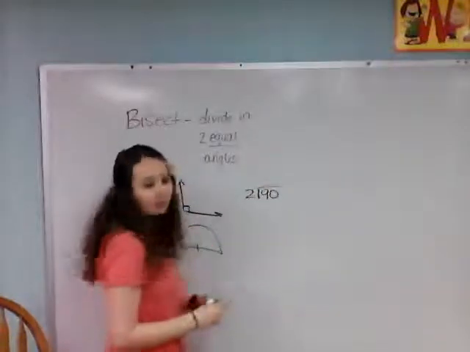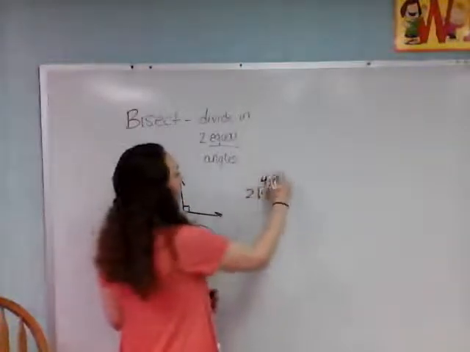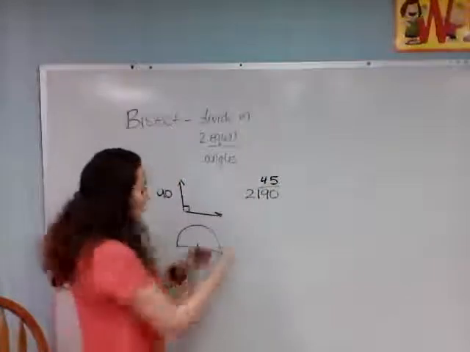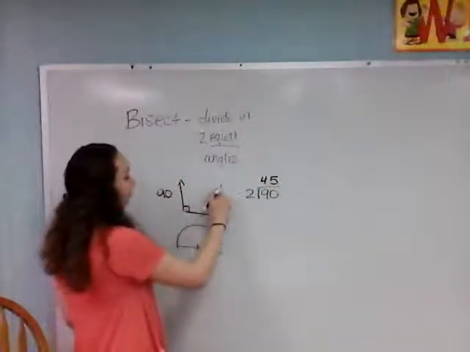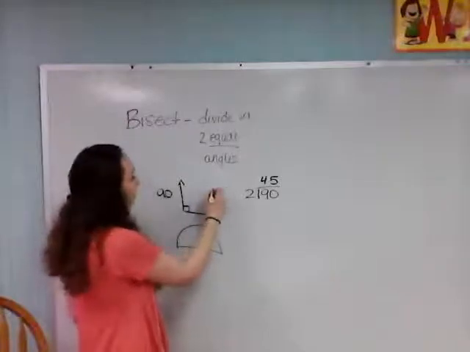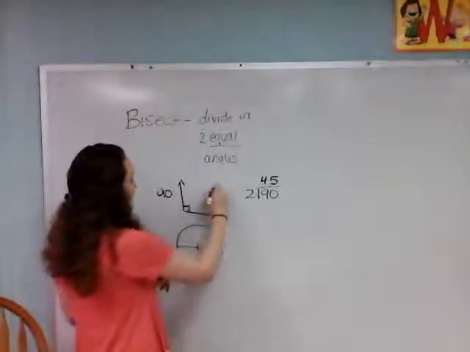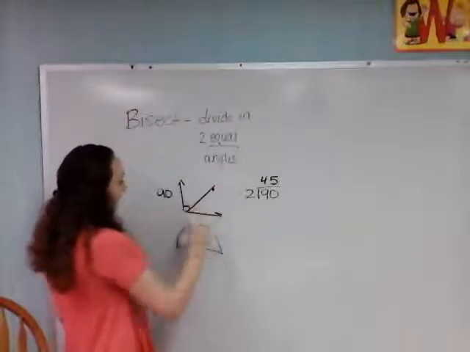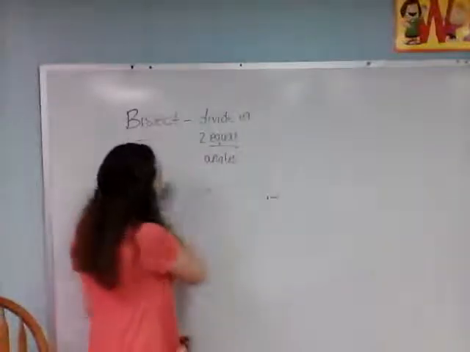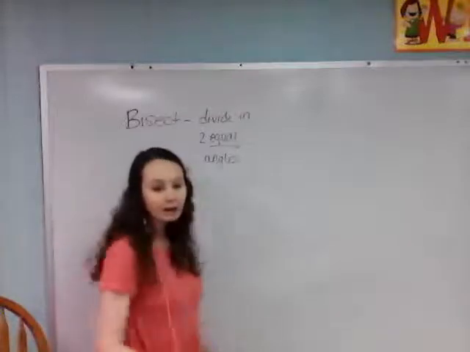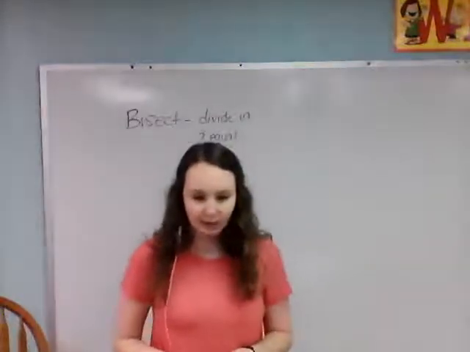If I divide 90 by 2, it's going to be 45 degrees. So I'm going to put my protractor on here, find where 45 degrees would be, and mark a dot. Then I'm going to draw a line, and that would make it 45 degrees. Does that make sense how we're doing that? We got to cut it in half.